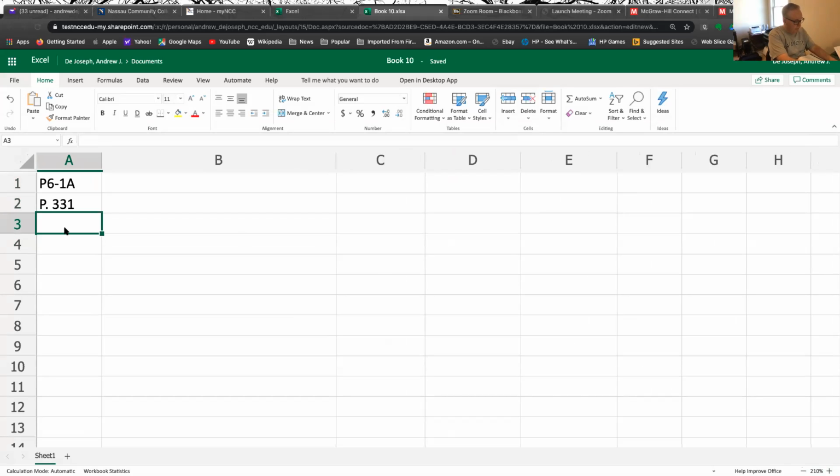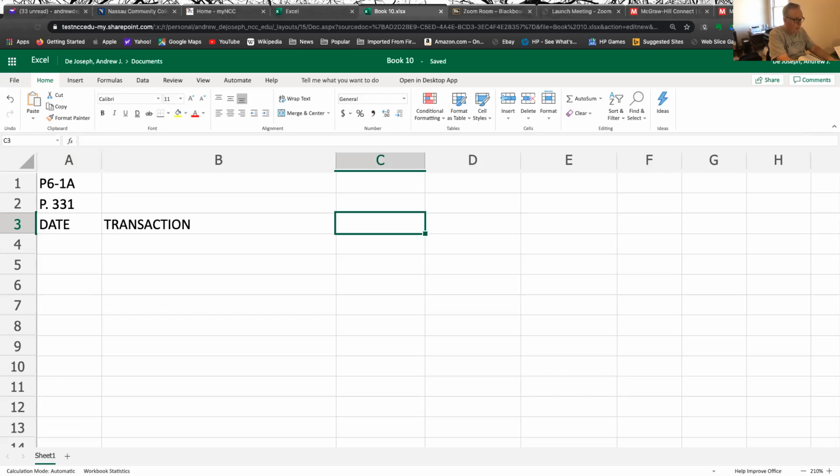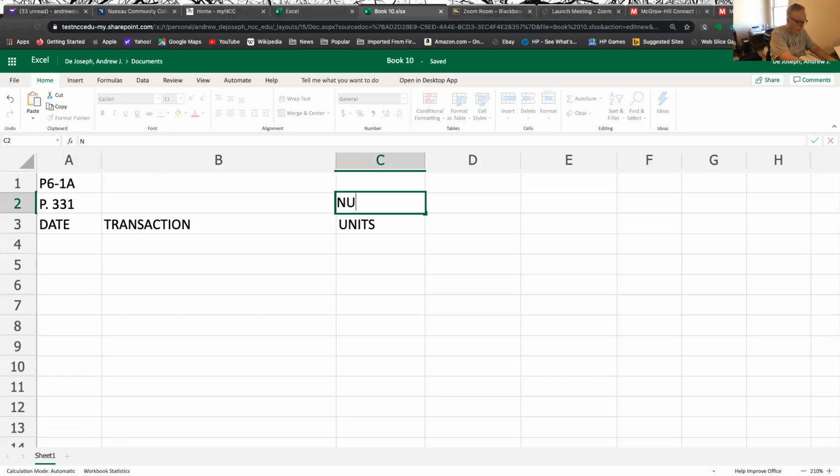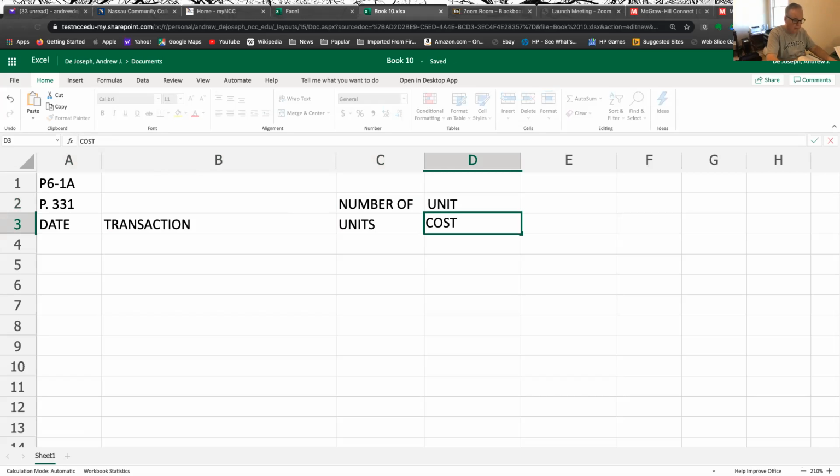And let's have a column for date. Let's have a column for transaction, a column for number of units, unit cost, and total cost.